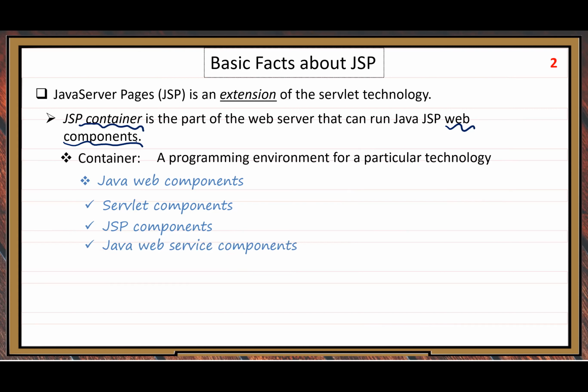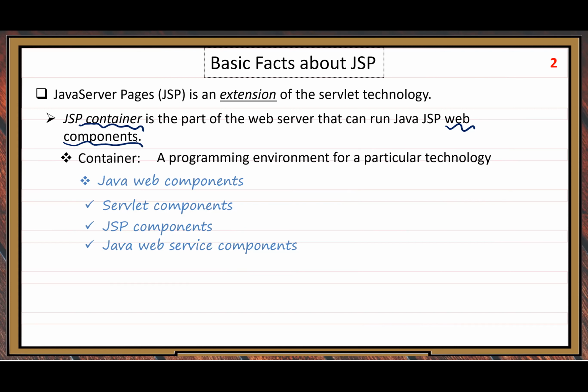So JSP is also a Java web component. And the third type is called Java web service components, another advanced technology also built on top of servlets. You can see almost all other Java web technologies are built on servlet technology.